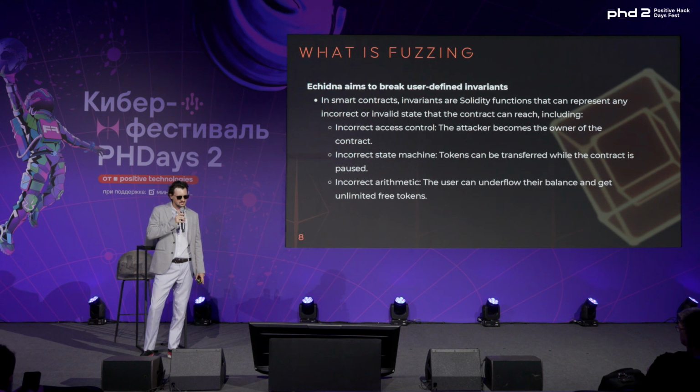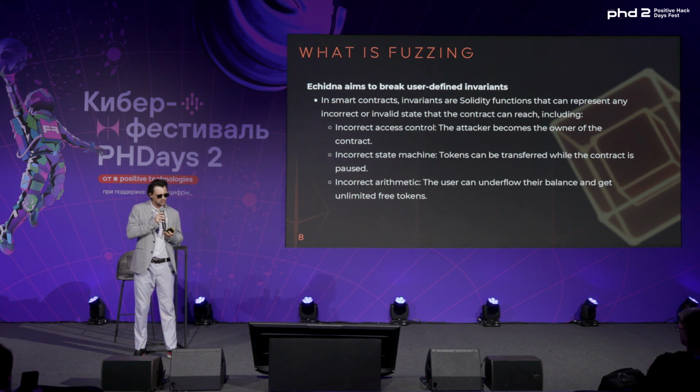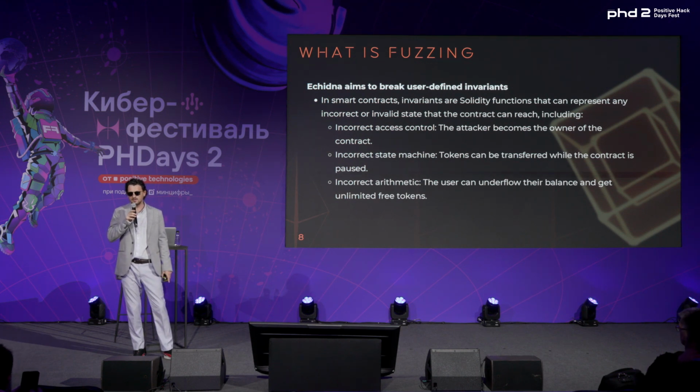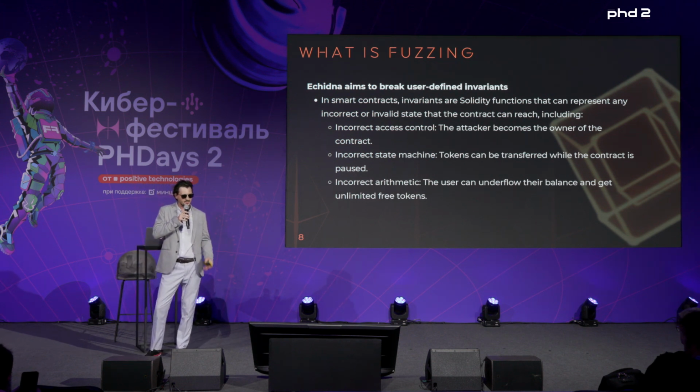These are examples of use cases where fuzzing can actually help us. It's interesting to note that if we compare it with unit testing, we assume that when we write a test for changing the owner, we have a set of functions that change it, but we do not test the edge cases that can lead to that.